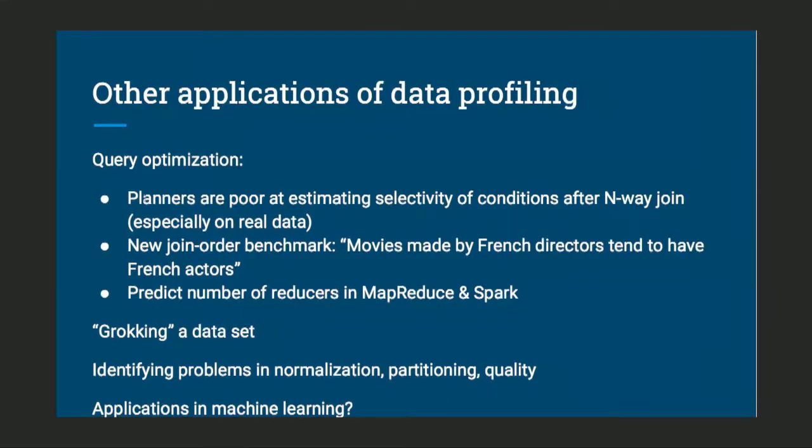But by the time you've done a 10-way join, really all bets are off. Optimizers require statistics in order to do a good job, and after even a 5- or 6-way join, the statistics are really poor because you just don't know how the data is being distorted as it's being joined.